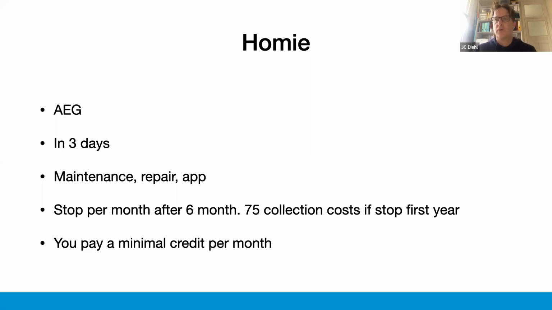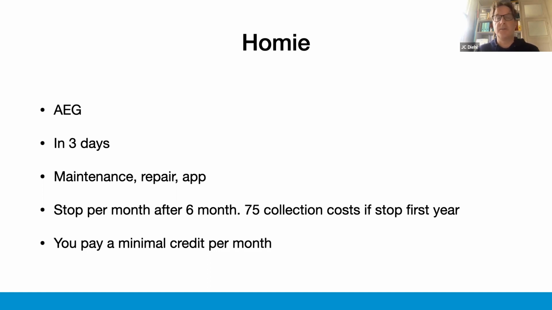Homey is also renting out, it's a bigger company right now, you can watch on the website, a range of electronic devices, but the washing machine is the biggest one. And in this case, it's not a Miele, but an AEG, also having a long lifetime and energy efficient. But they bring it within 3 days to your home. It includes again bringing it, installing it, maintenance, repair, the app, the use of it, and taking it away.